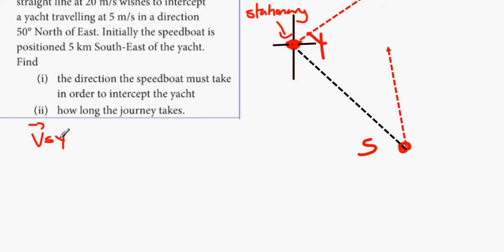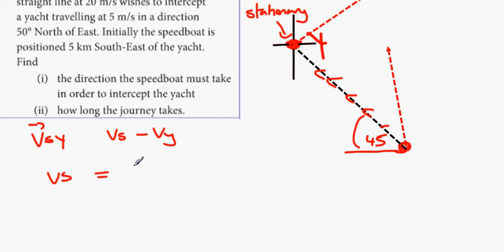If the speedboat is to intercept the yacht, it has to travel along this vector relative to the yacht, and this vector will have to be at a 45 degree angle, going northwest. So Vsy equals Vs minus Vy. Therefore, the velocity of the speedboat Vs equals Vsy plus Vy.